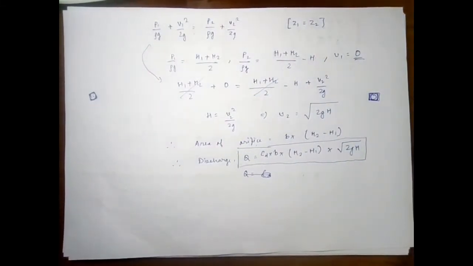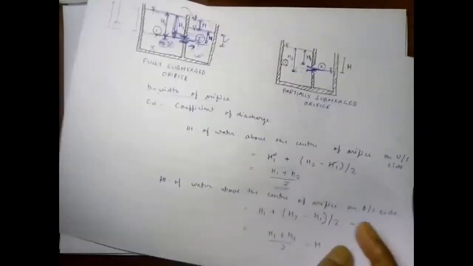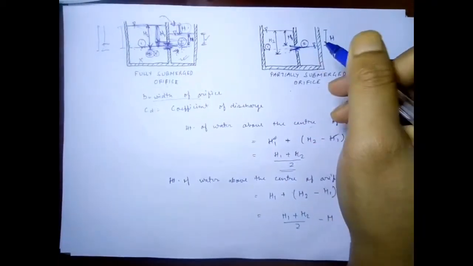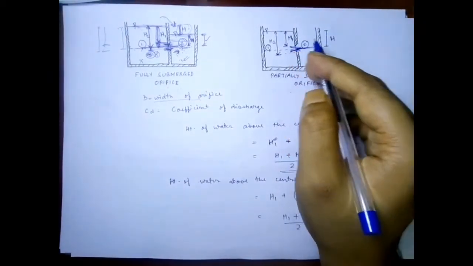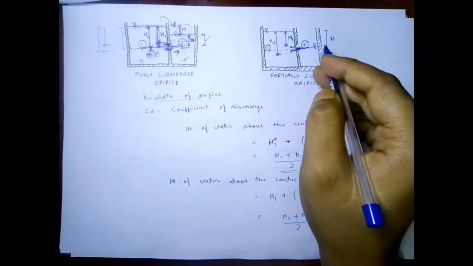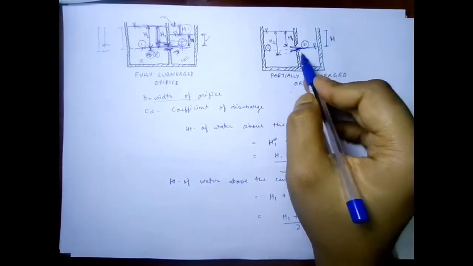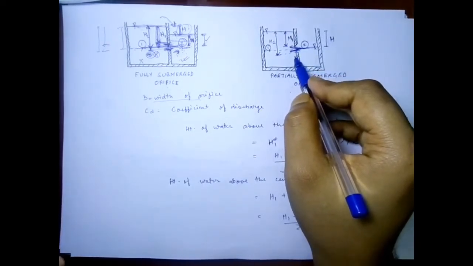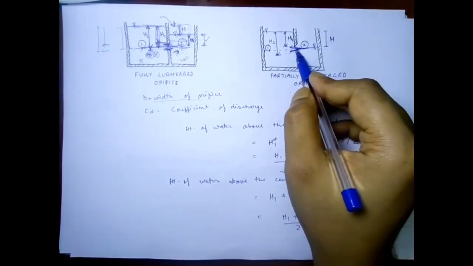So similarly, a partially submerged orifice is the one which has its outlet side partially submerged under liquid. Therefore a partially submerged orifice will have two portions, the upper portion and the lower portion. The upper portion of the partially submerged orifice will behave like an orifice discharging freely, and the lower portion will behave like a submerged orifice.